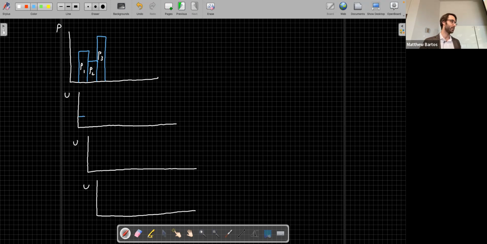We have, let's say our unit hydrograph looks like this. Okay, so we have U1, U2, U3, U4, U5, U6, and I'm going to draw the same thing down here. So we have U1, U2, U3, U4, U5, and U6. Yeah, it's the same U's. So we're just sliding it over in time.